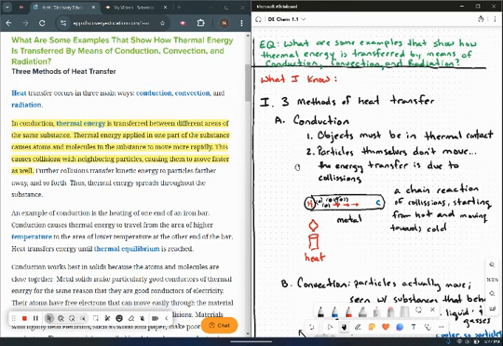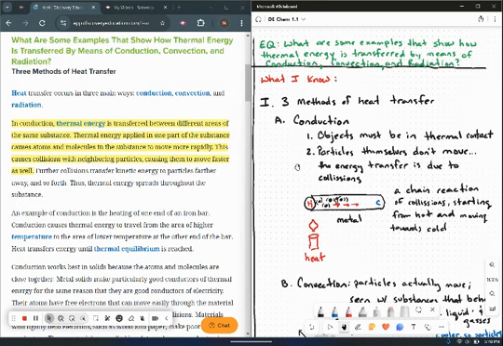And as they collide with their neighbor, they pass on energy to the molecule or atom next to it. And then that particle vibrates and passes energy to the next particle over. It repeats this process, what we would call a chain reaction of collisions.